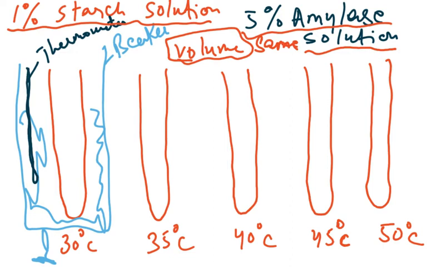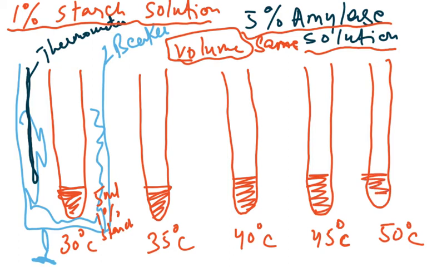So we're going to take 5 ml of 1% starch solution. All of them will contain 5 ml, so 5 ml starch in each of the 5 test tubes. And then let's take 5% amylase.